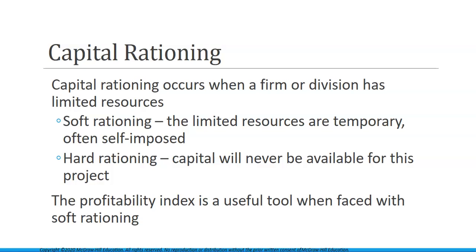When we're faced with capital rationing, we might look at the profitability index as a decision tool. We might make structured plans for decisions. So maybe we make a 10-year capital budgeting plan, and we use that to help bring in projects.